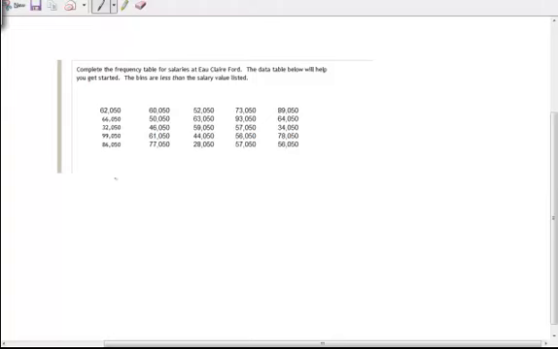and then we've got the last one here where we have to arrange them into a table by categories. So we'll put down the different categories: 20,000, 40,000, 60,000, 80,000, and 100,000. And then we'll see how many of each of them there are here.